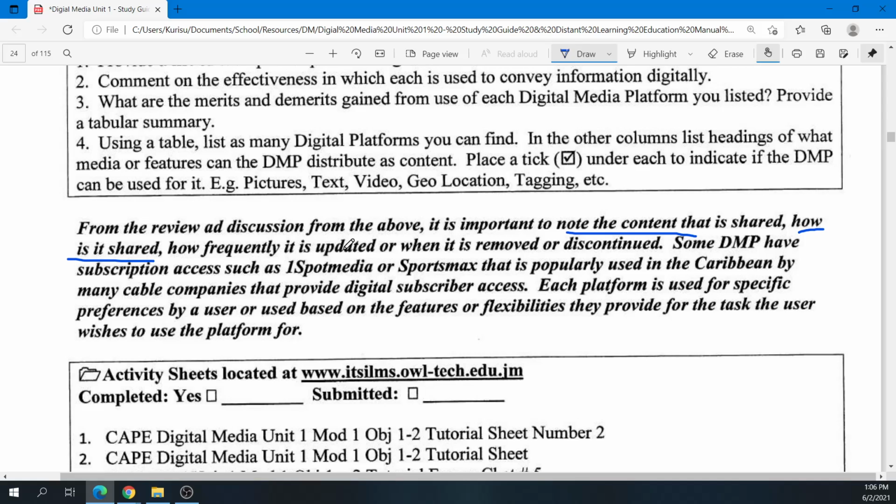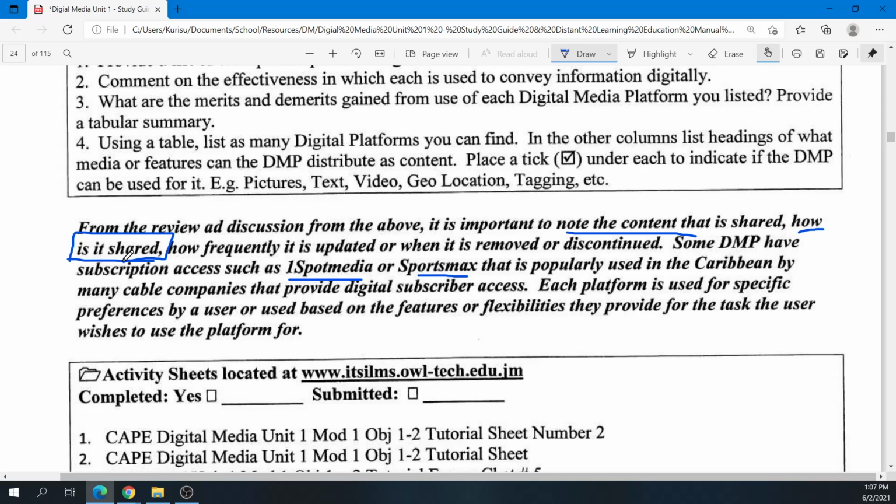How frequently it is updated, or when it is removed or disconnected. Some digital media platforms have subscription access, such as One Spot Media and Sportsbox, that is popularly used in the Caribbean. So that's another way of how it is shared. Are you allowed to freely access the content?